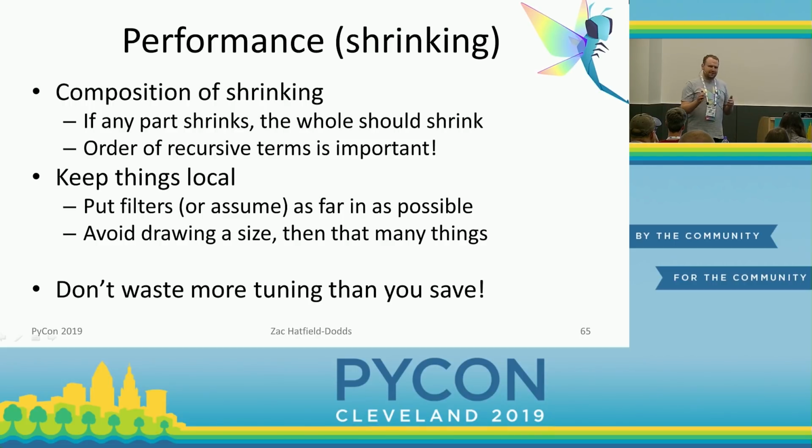Hypothesis finds it relatively hard to shrink that because you have to simultaneously reduce the number of elements and delete an element. So it's a little more efficient if you can generate a collection of things and the elements of that collection. But above all, like I've said this before, don't spend more time optimizing things than you actually save, especially optimizing things which only matter when your tests fail. Hopefully they don't do that too often.